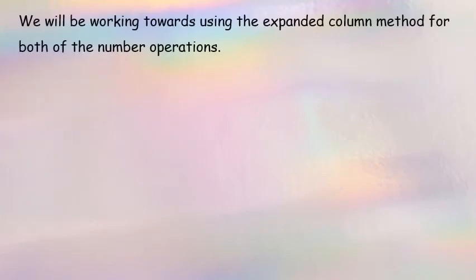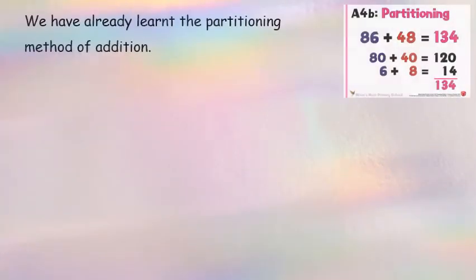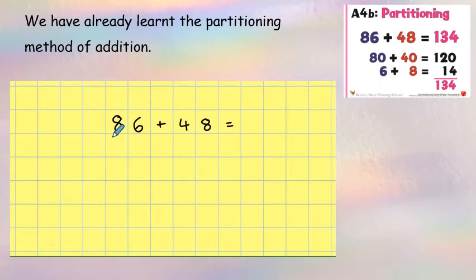We will be working towards using the expanded column method for both of the number operations. We have already learnt the partitioning method of addition. Let's work through the example shown to the right. First, we do a small partition jot to split the numbers into tens and ones.